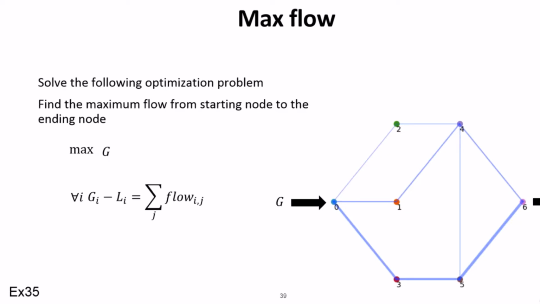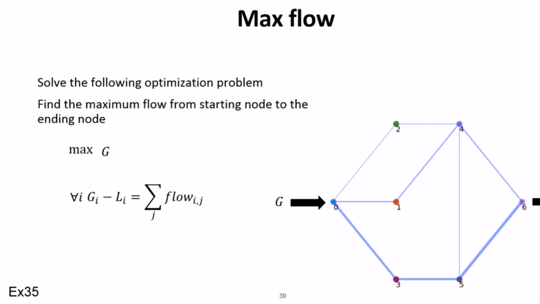As you can see, only one node has generation, which is node 0 in this example, and the rest have no generation and no demand, and only one node has demand, which is node 6, and it's equal to G.